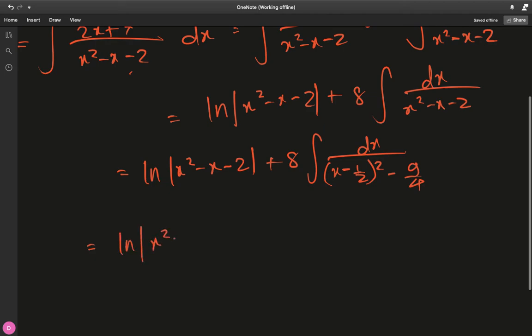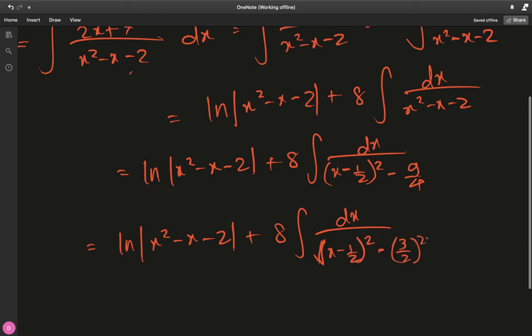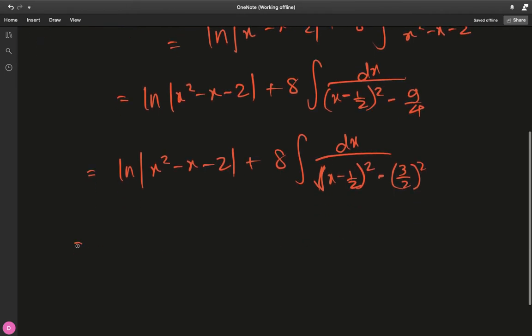Natural log of x squared minus x minus 2 plus 8 times the integral of dx over, no, there's no square root, sorry, x minus half squared minus 3 over 2 whole thing squared. We have natural log of x squared minus x minus 2 plus, and there was a formula for this which involved natural logs. You can do partial fraction decomposition here using difference of squares in the denominator.